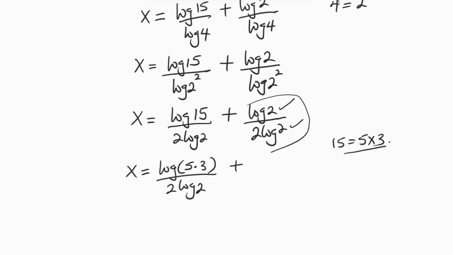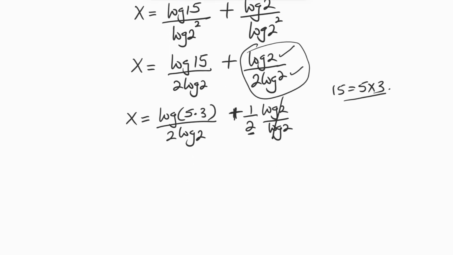So we can rewrite this whole thing as half of log 2 divided by log 2. Now, log 2 divided by log 2 will give us 1. So we just have the half left behind.